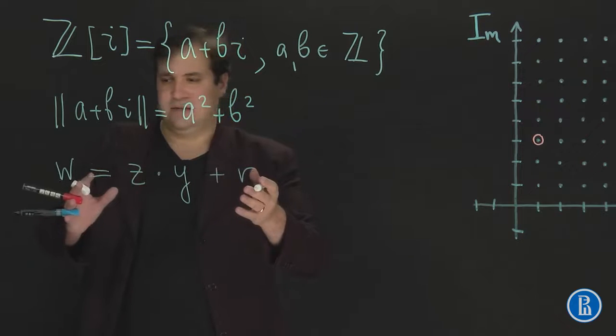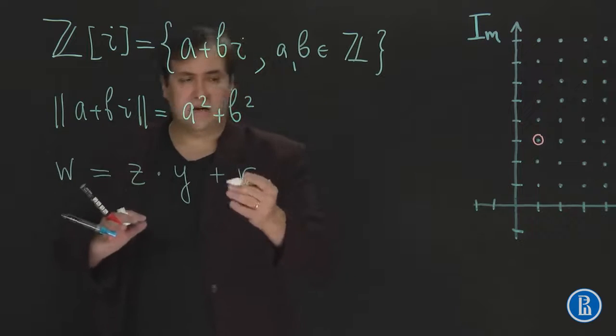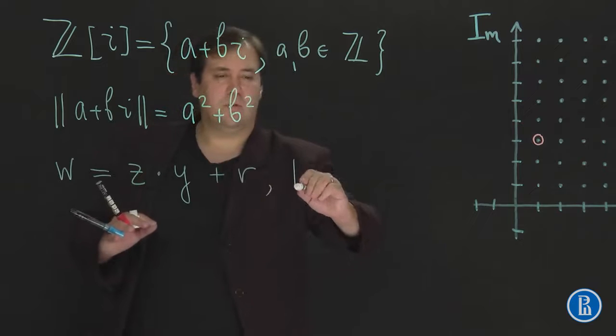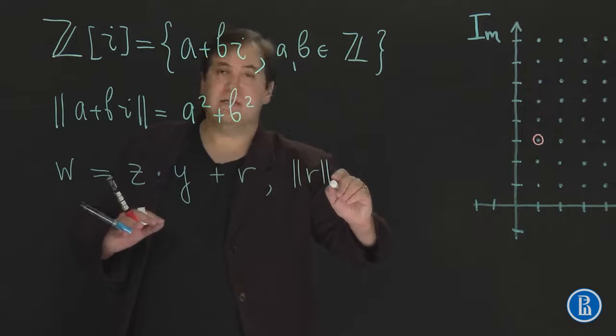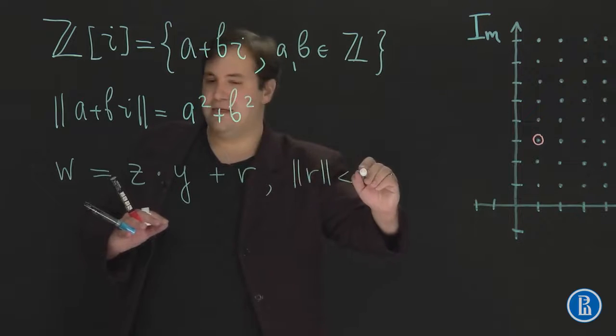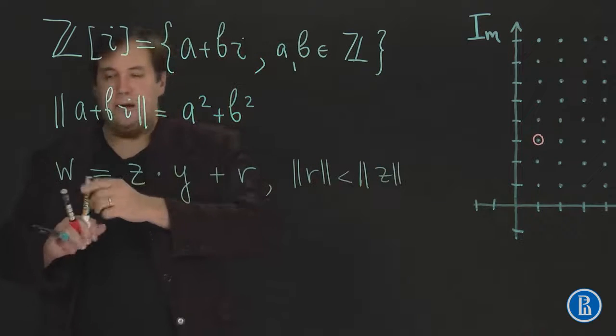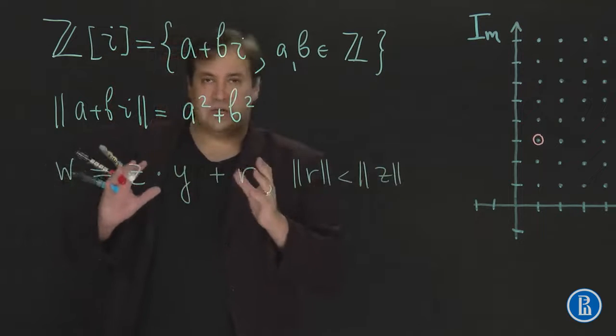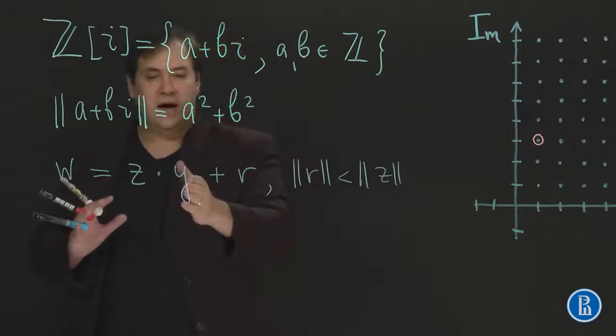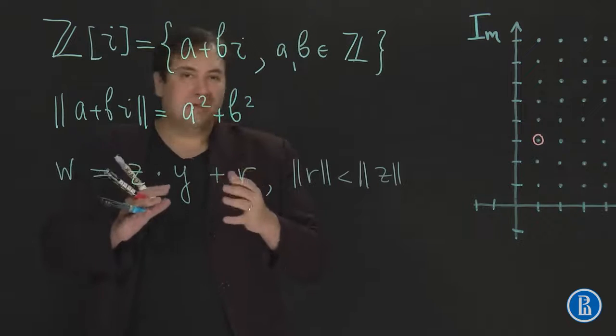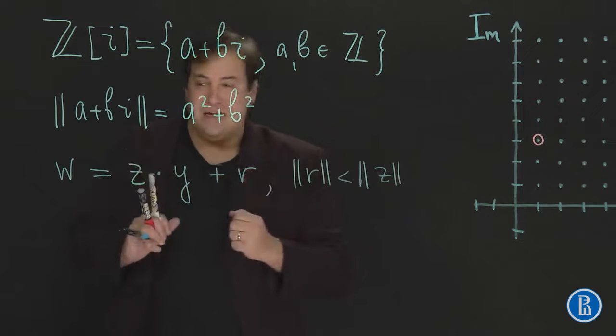This is division with remainder. r is the remainder, so the norm of r must be strictly less than the norm of z. So w and z are arbitrary complex integers, and y and r need to exist.